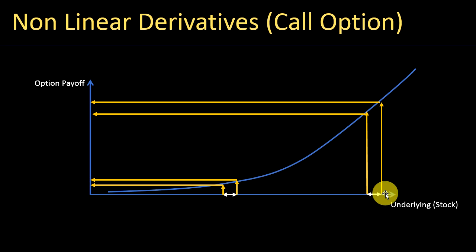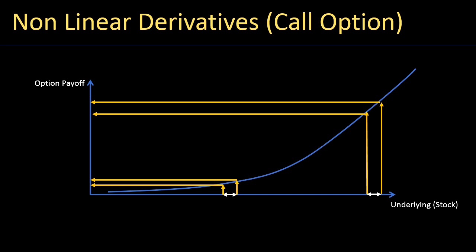Here you can see, even though the stock increased by the same amount as here, the change in the option value is not the same. Here it was quite small, compared to here, where it has increased quite a lot. In other words, the slope of the curve at this point and at this point is not the same.